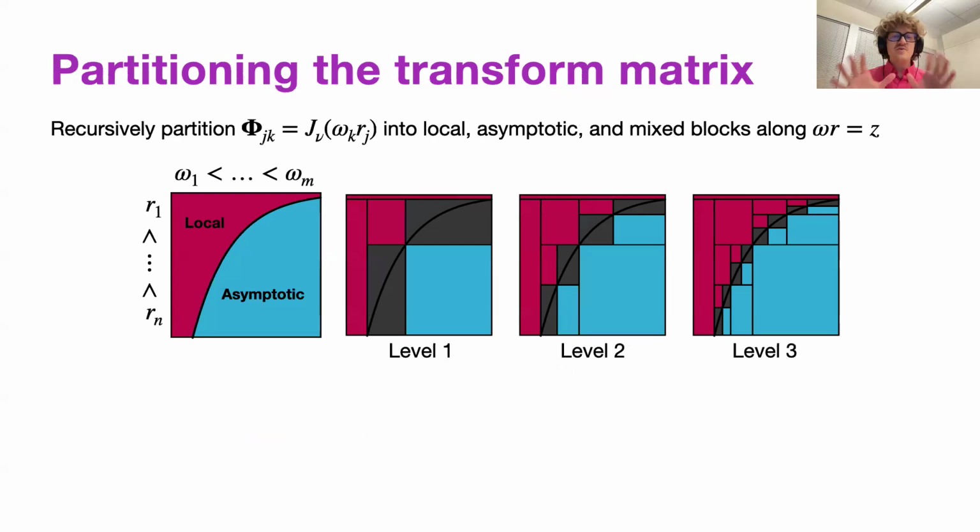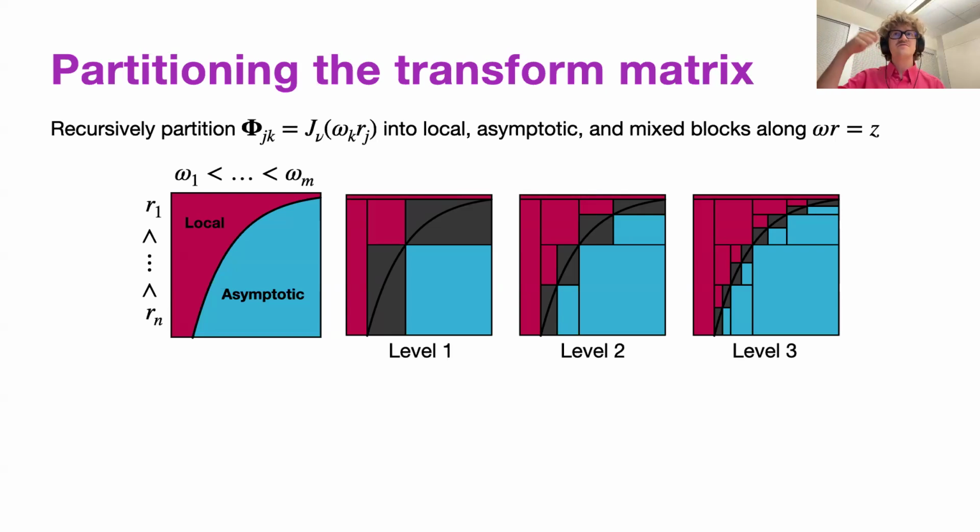Okay, so now that we have these two expansions, how do we turn this into a fast transform? Given our transform matrix, which we show on the left, some number of the entries there can be well approximated using the local expansion. They correspond to small arguments. And some of them can be well approximated using the asymptotic expansion. They correspond to large arguments. The line of omega times r equals z is the line at which we cross over from our local to asymptotic regimes.